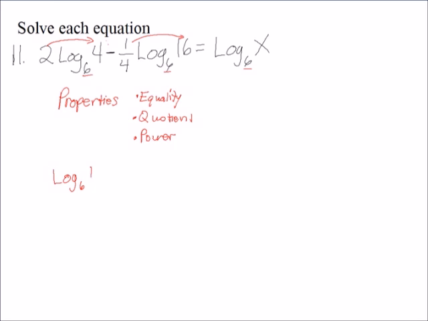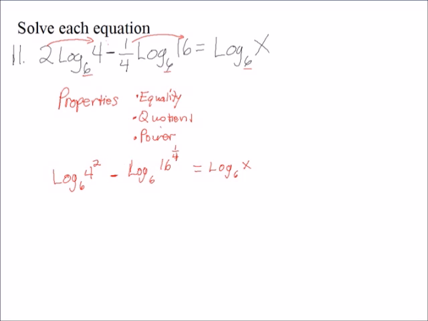I took my 2 and I put it on top, minus log base 6 of 16 to the 1/4 power. I took my 1/4 and I moved it, and this is going to be equal to log base 6 of x. So we got the power property out of the way.